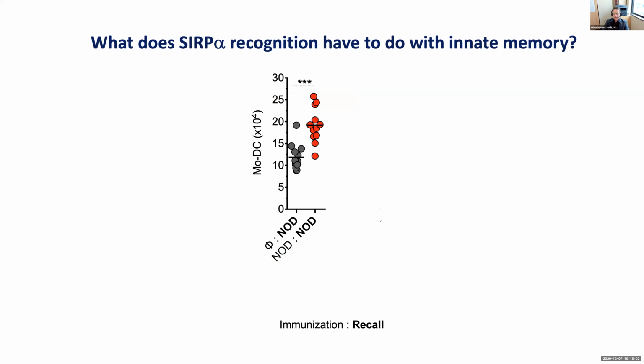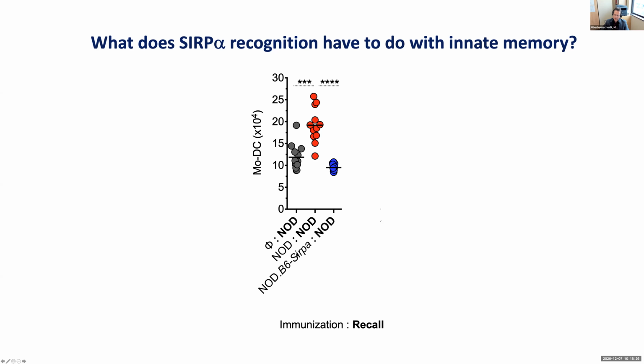So now we're going back to SIRP-alpha. What does SIRP-alpha have to do with innate memory? Is there any link, and does it matter? So what I'm showing you here is the response to NOD again. And here in the blue dots, we changed the immunization to the NOD B6 SIRP-alpha mouse.